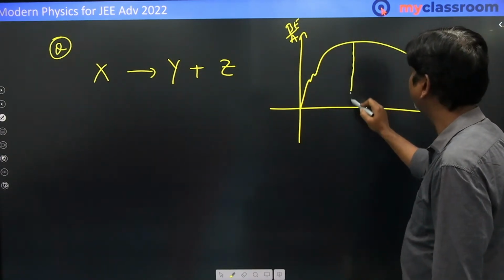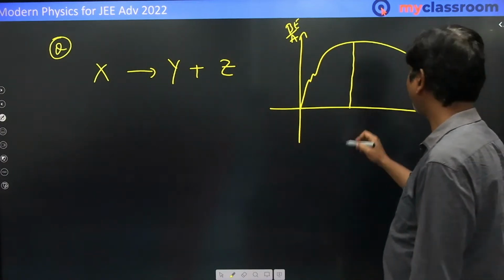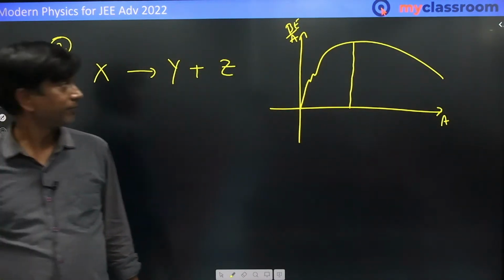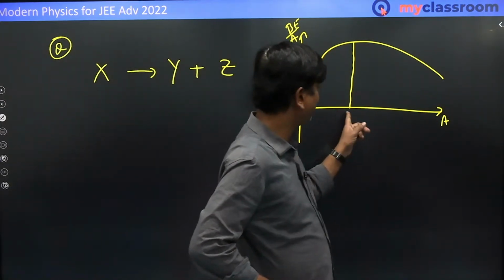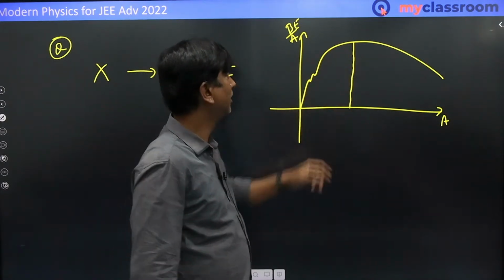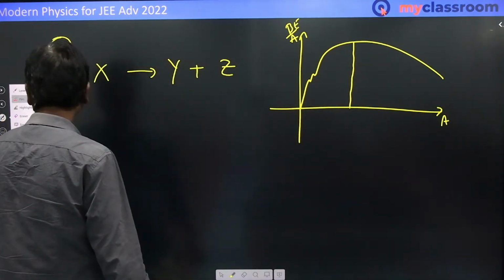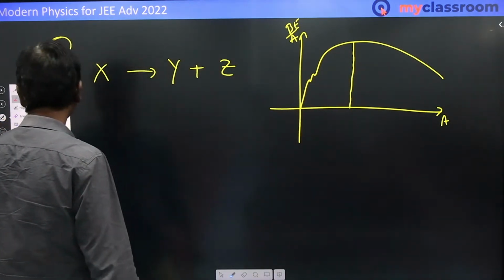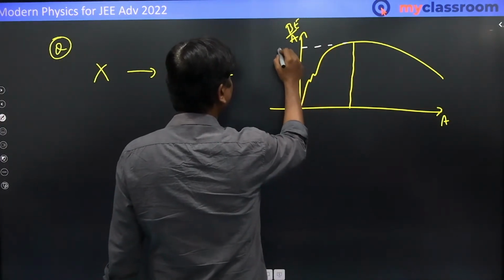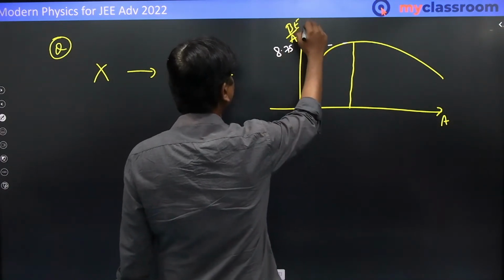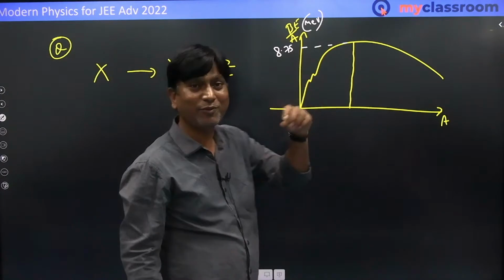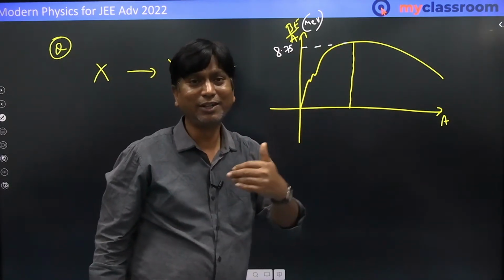Somewhere here is the highest, for iron, somewhere around mass number 50 it is maximum. This maximum value is about 8.75 million electron volts per nucleon. Values will be like 8.75, 7, 6 and so on.